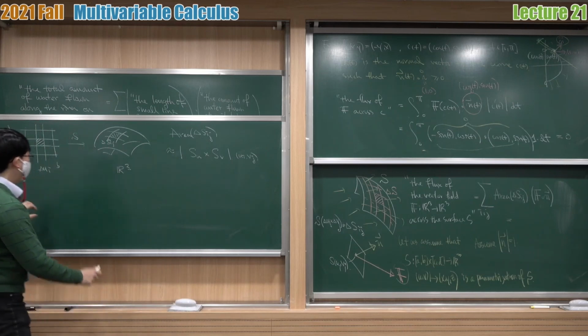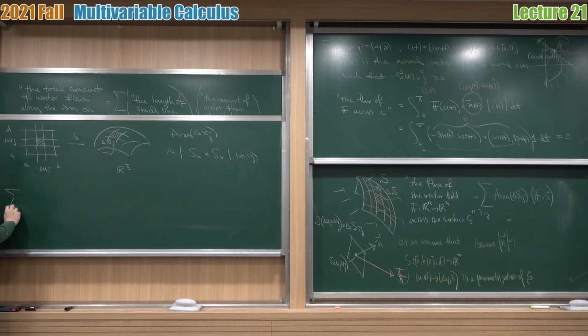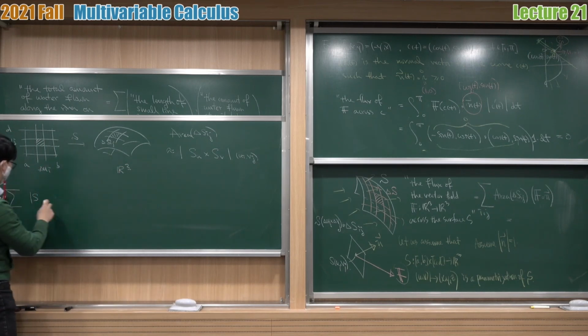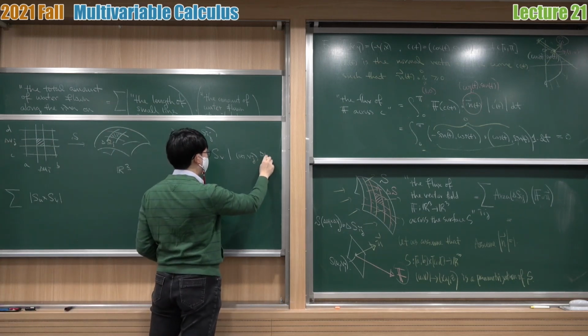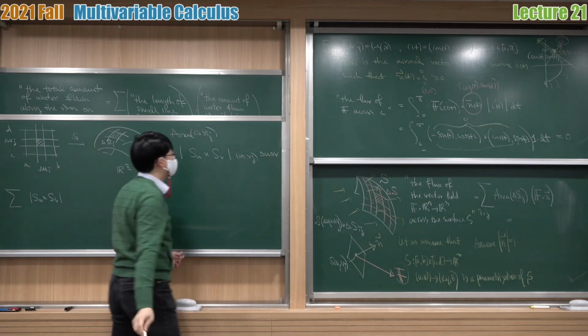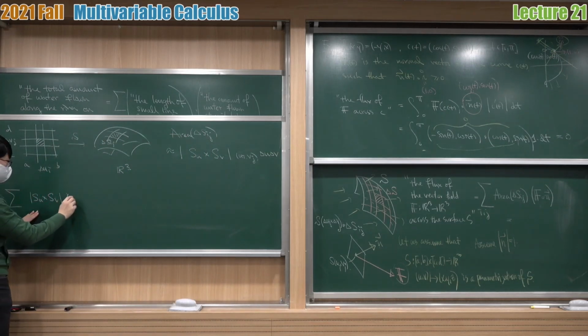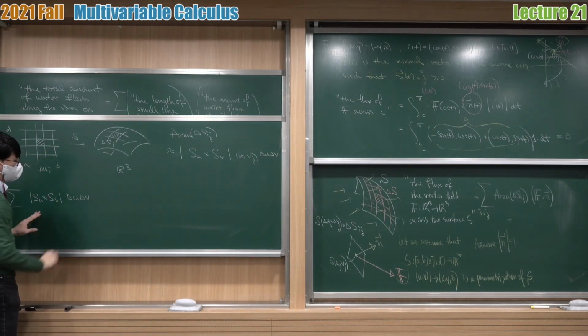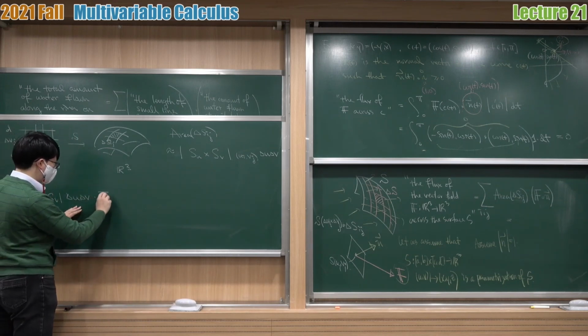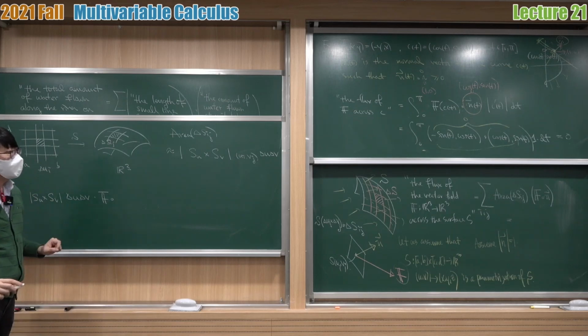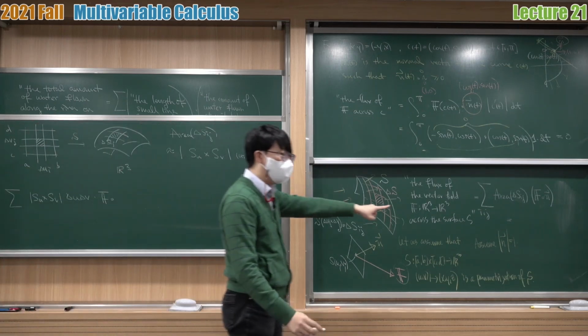So we have total flux equals the sum of the area, I'm going to drop ui, vj for now, as the norm of Su cross Sv, times delta u delta v, and then multiply that with F inner product with N.